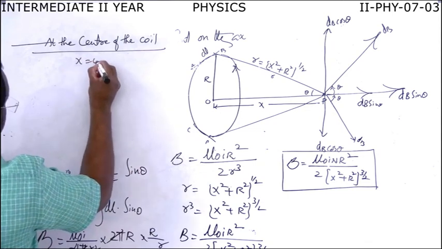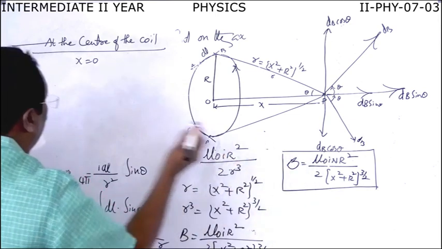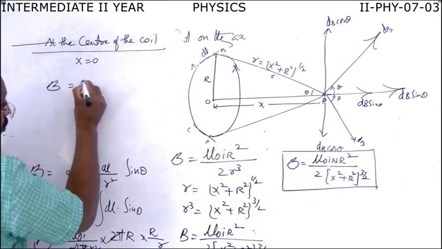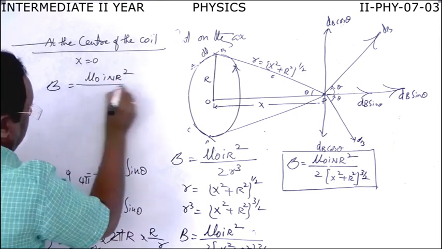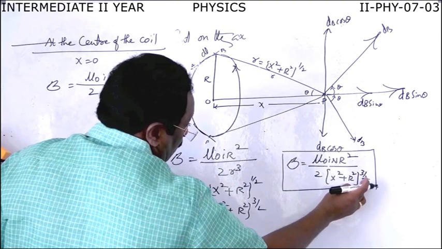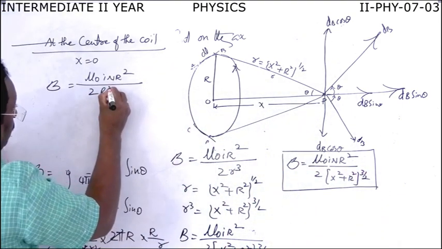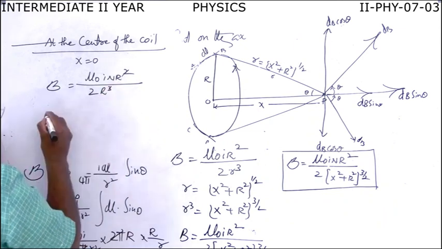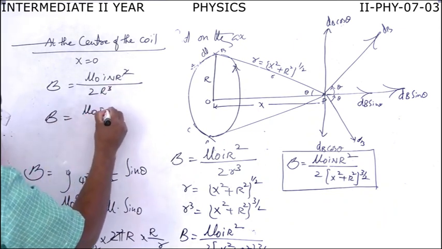If x is equal to 0, then we have B equals mu naught I N R square by 2 into (R square plus 0) whole to the power of 3 by 2. The square cancels, leaving 2R cube. Now R square by R cube, so B becomes mu naught I N by 2R.